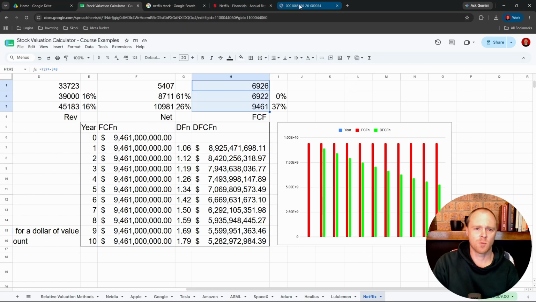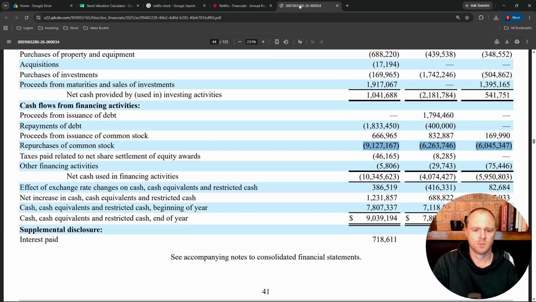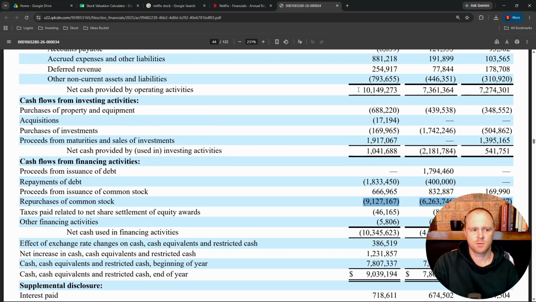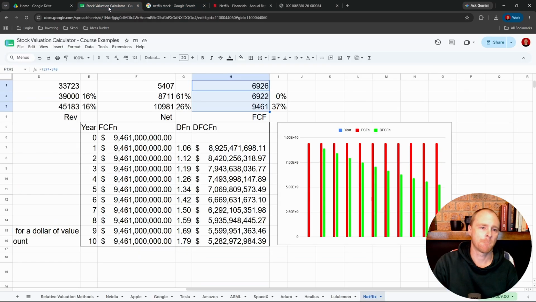Free cash flow was our net cash provided by operating activities, subtract this number. So that gets us closer to 9 and pretty much just under 7. So 6.9, 6.9 and 9.4 billion.